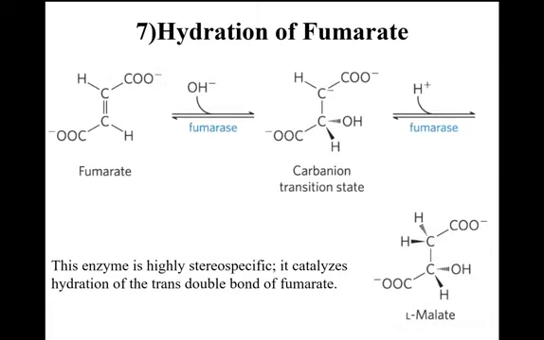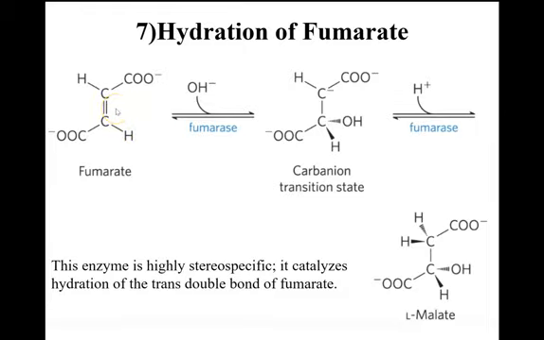And so the 7th stage of the citric acid cycle is the hydration of fumarate. This is a very stereospecific type of enzyme activity, as it produces L-malate.